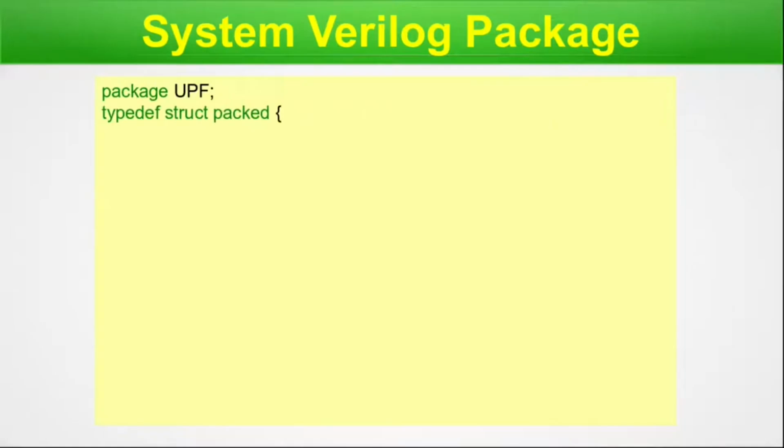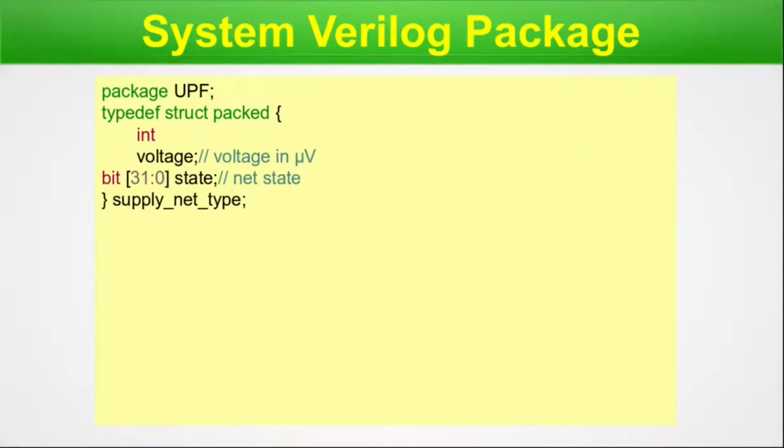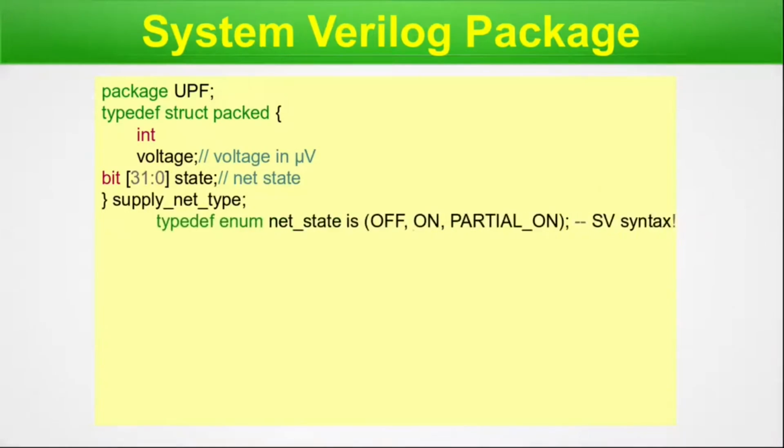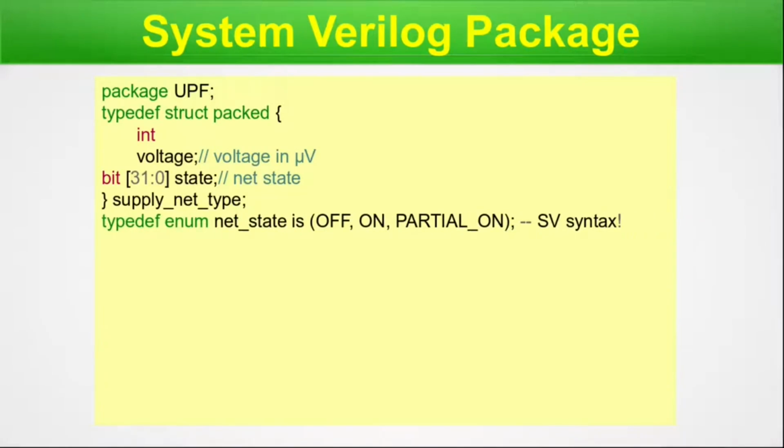Next, we have the typedef struct definition, int voltage, and then bit state. And then we have supply net type. Then we have the typedef of an enumerated data type, that is net state: off, on, partial on. This is SV syntax.